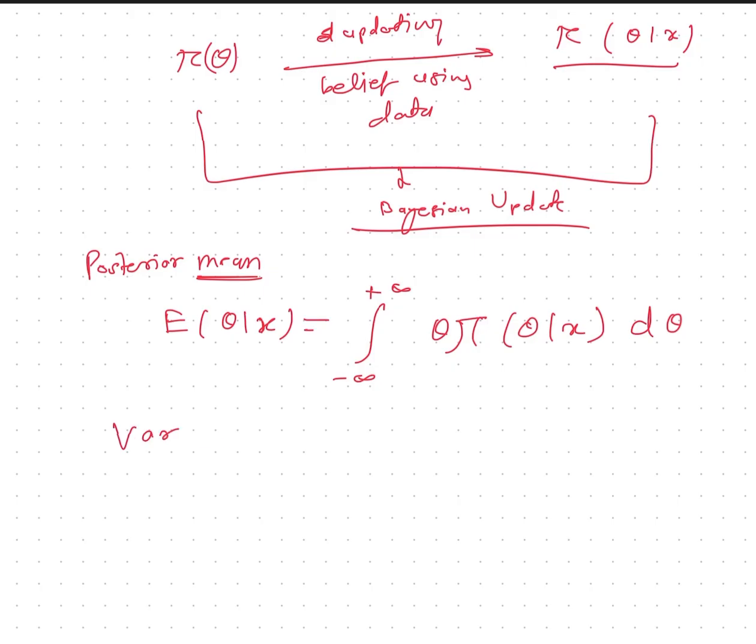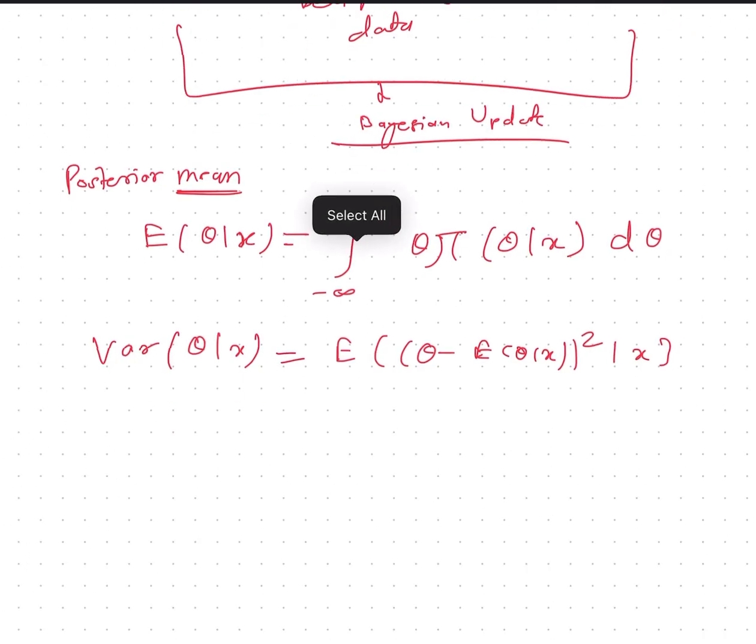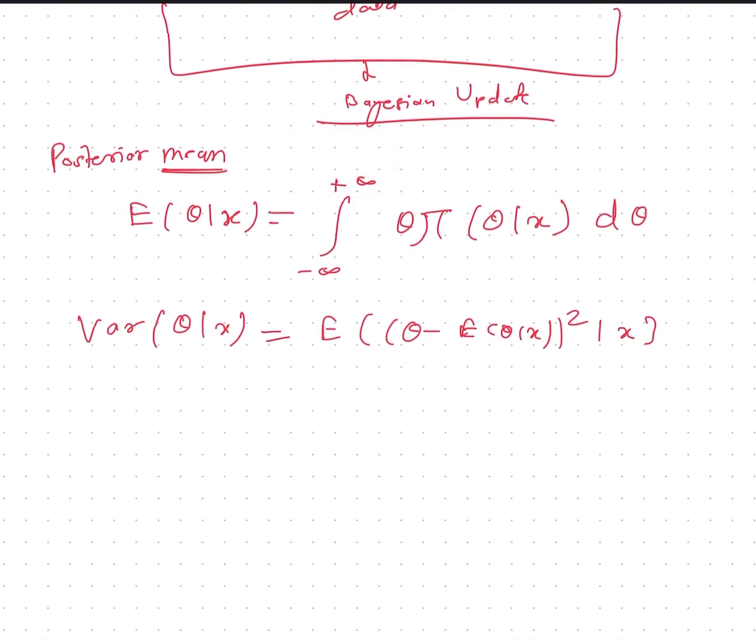Similarly, the variance of theta given x is the expectation of theta minus E of theta given x, squared, given x.